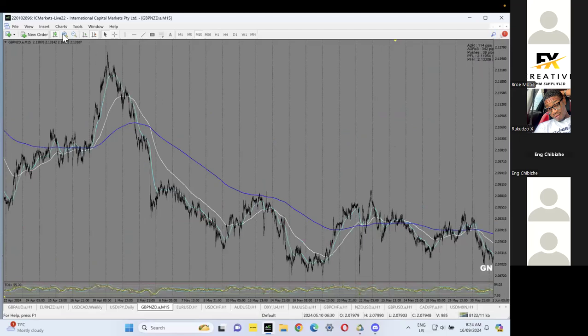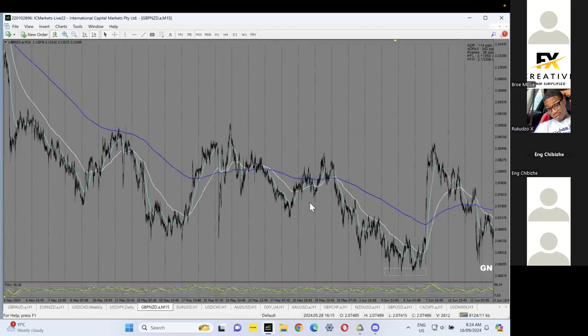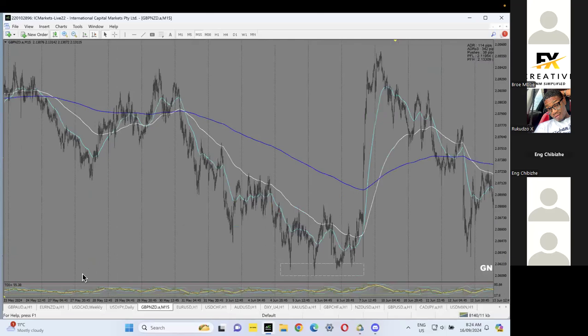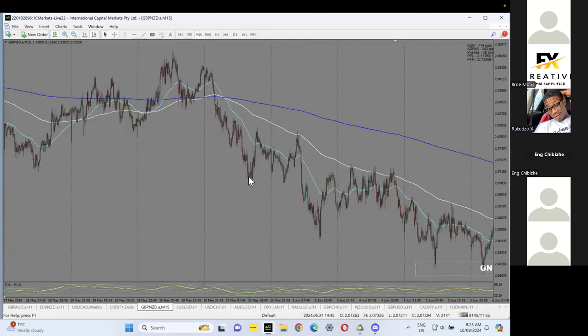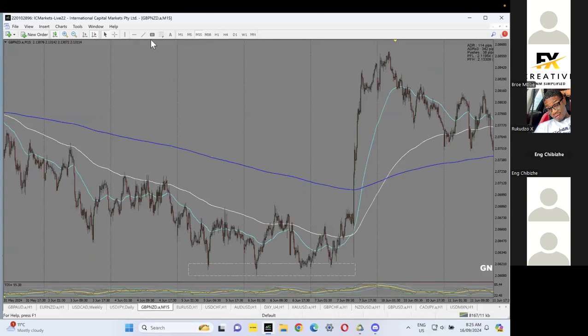I want to express a certain point. For those who want to go and sleep, guys, you can go and sleep, all right? Now, notice something here. So you have marked the high right there.